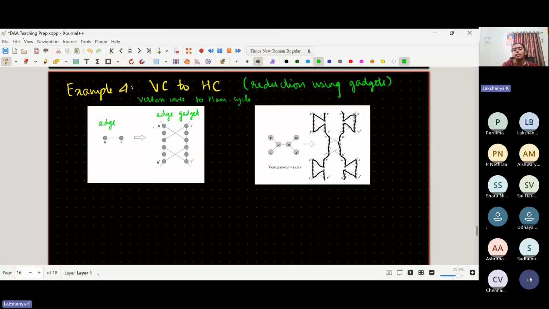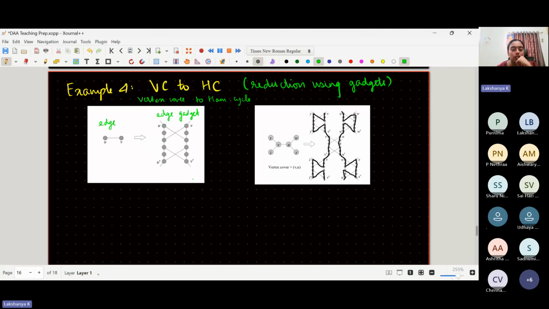Now we will use this edge gadget to solve the Hamiltonian cycle problem and get a vertex cover as a solution. Are we clear so far? For every edge, we are coming up with the edge gadget, which looks like this. How to use it, I'll tell you, but are there any questions till now?